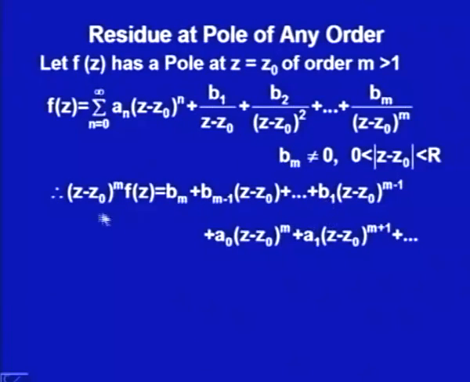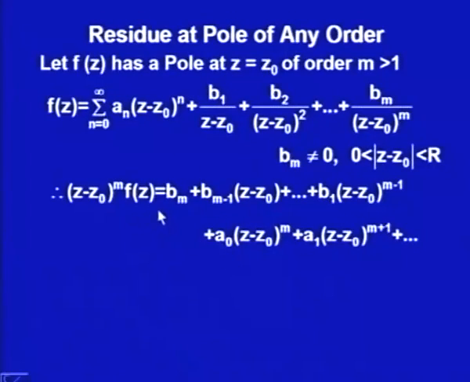But what do we actually want? We want the residue. Residue is b 1. In this expansion, the residue is the coefficient of (z minus z naught) to the power m minus 1. So, here I cannot go with the simple method of taking the limit as z approaches z naught, because I want b 1.